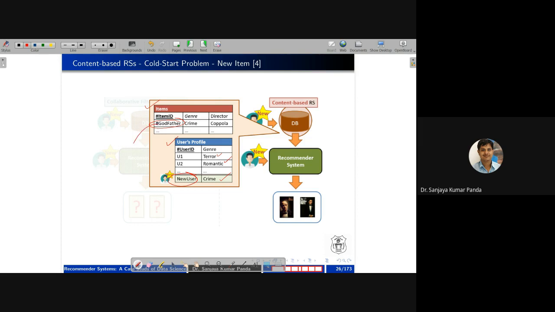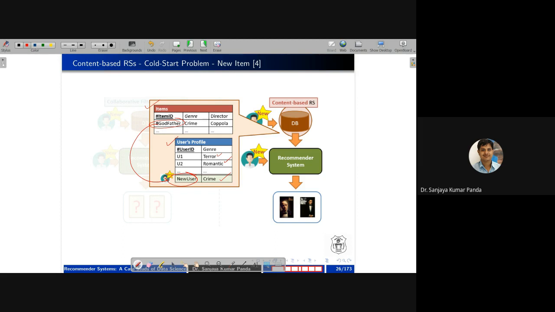Such movies you can recommend to this particular user. You only need to collect one piece of information: whether this new user likes crime, terror, romantic, or whatever the different types of movies you have.